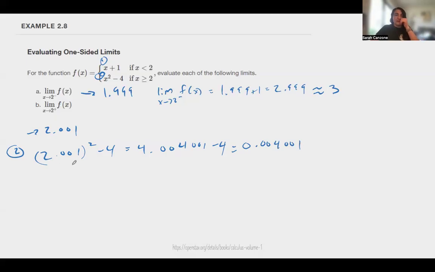And in fact, if you chose a number even closer to 2, say 2.0001, you'd get a smaller number, and you can say this is approximately 0. So therefore, the limit as x approaches 2 from the right of f of x is 0.